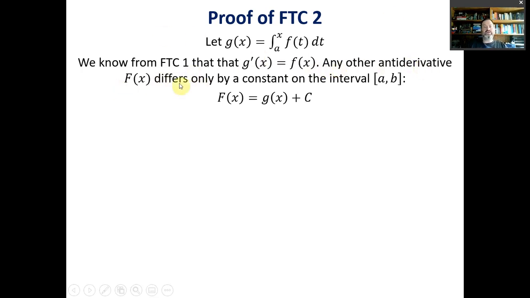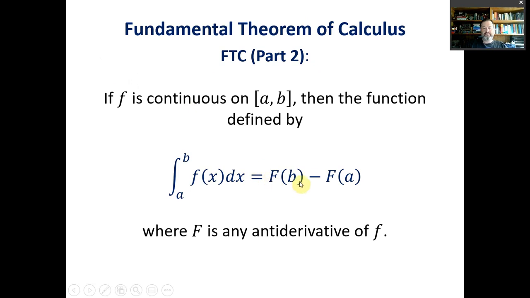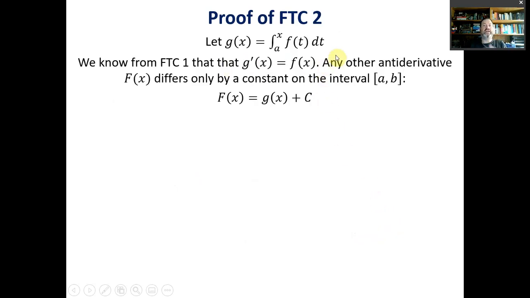The antiderivative back here is just the antiderivative of lowercase f. So when we say any other antiderivative of f, we're talking about just whatever this function is. So that tells us that g, without the prime, is indeed an antiderivative. And what we do is we just write it like this. F of x is just g of x plus some constant.